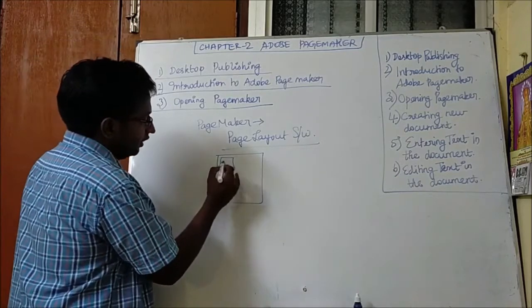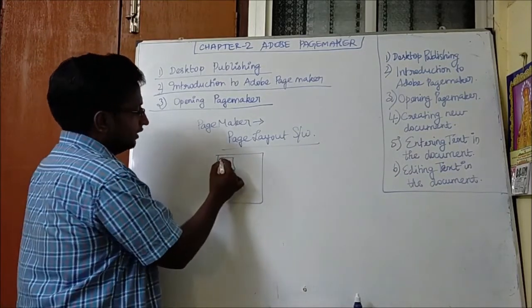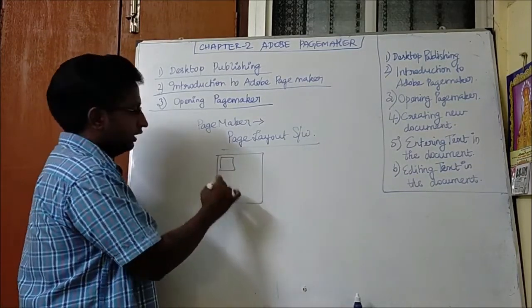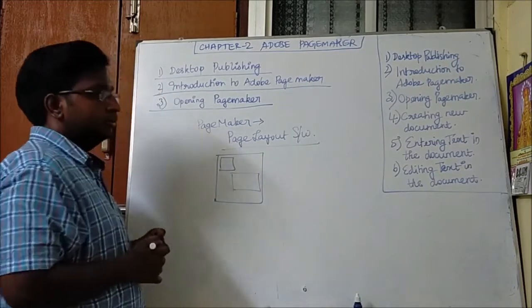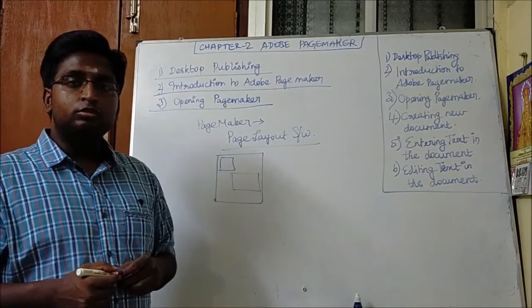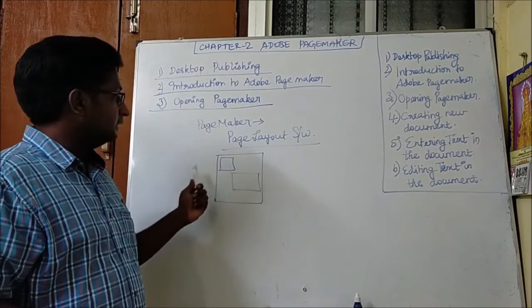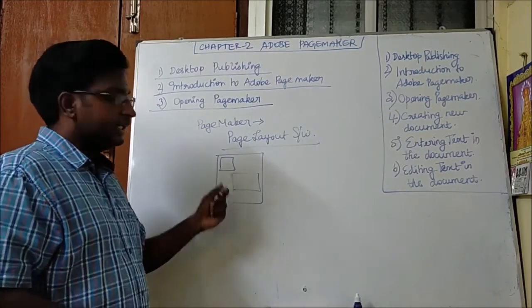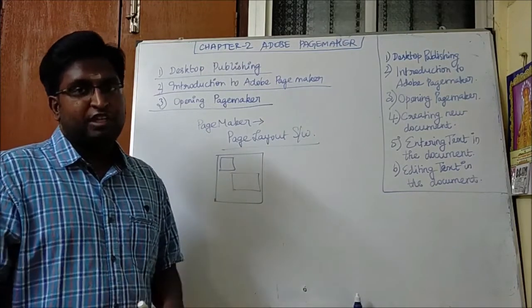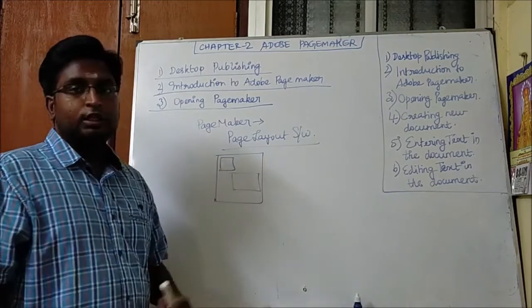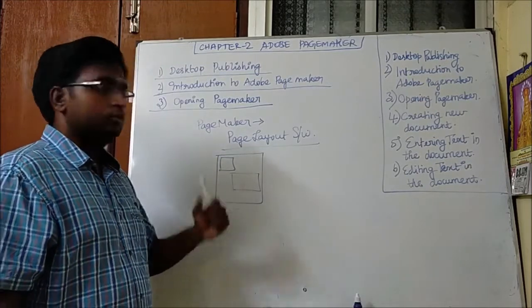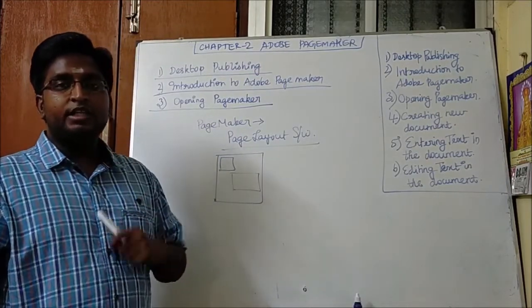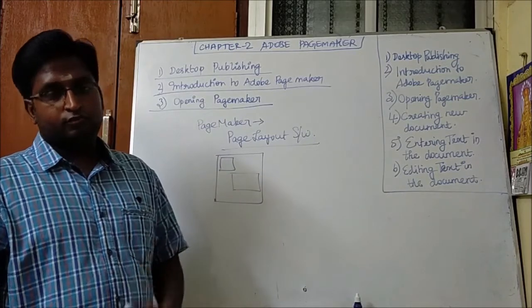So he fixes the image, places the image here and the text block here, like that. It is easy for him to just click and drag or insert the image. Automatically it gets fitted to the page, fitted to the frame, and the text will automatically be fitted in this layout. This is the main advantage of this layout software.